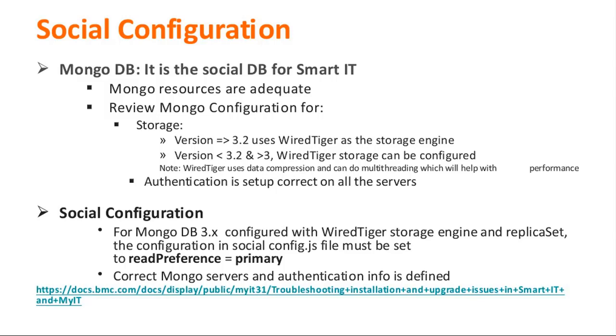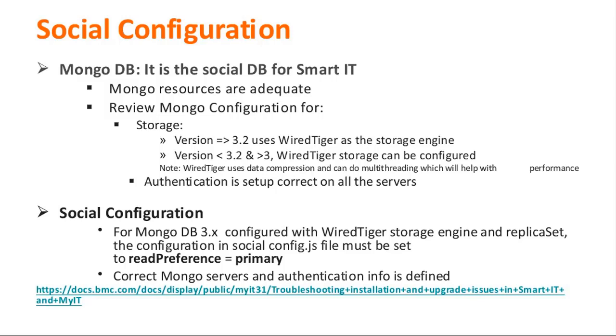We've noticed this issue with one or two customers where Mongo storage was not set up for WiredTiger. With Mongo version 3.2, WiredTiger is the default storage engine, whereas with versions less than 3.2, WiredTiger needs to be configured.